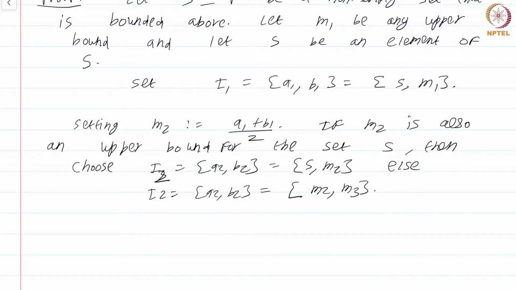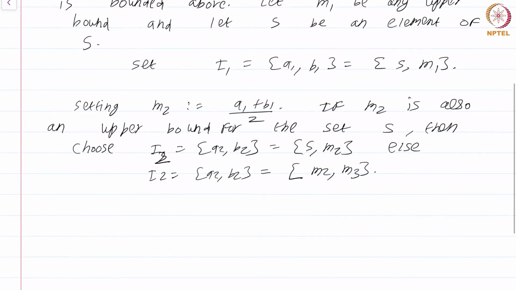That means we have chosen an element that is closer to the required least upper bound. Essentially, irrespective of which choice we take for I2, the size of I2 is half the size of I1. So we have moved to a better approximation of the least upper bound.